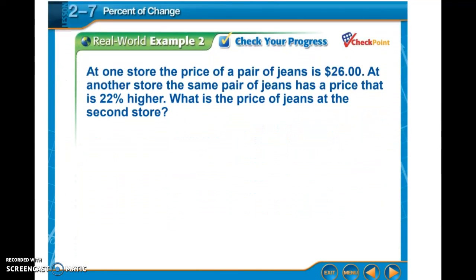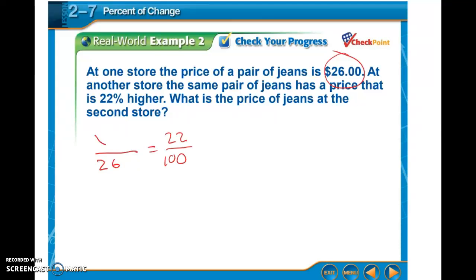Okay, so for this one, at one store the price of a pair of jeans is $26. At another store the same price of jeans has a price that's 22% higher. So here's our $26. That's the original. So we're going to put that on the bottom. We know that 22 over 100 goes here.